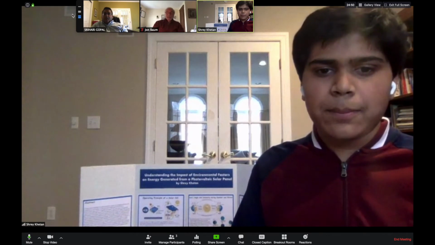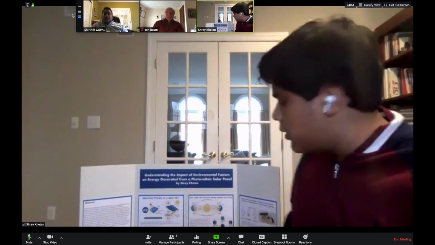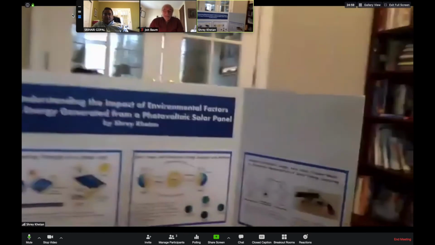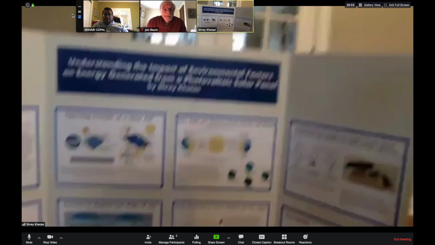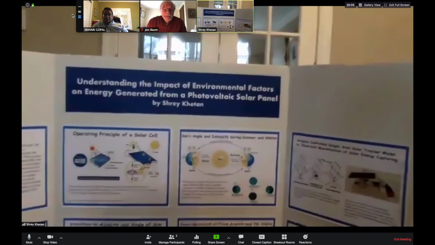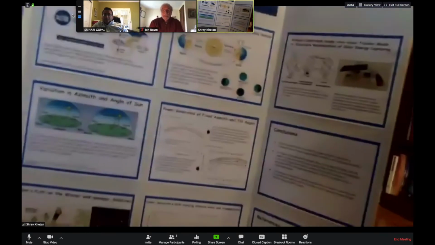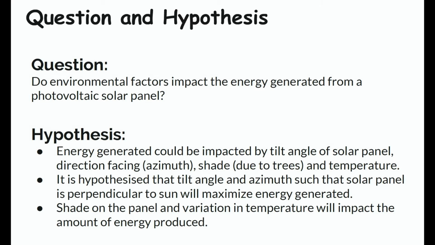Is there any way you could show us your poster a little bit, or maybe move the camera closer to it so that we could see it? Okay. Can you tell us about different sections of the poster? So the first slide on the left is the abstract. I start off with the abstract, and then there's the question and my hypothesis. Okay. Then there's the materials that I used in this project.